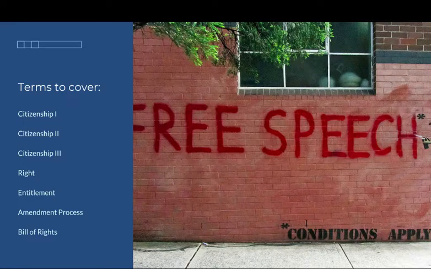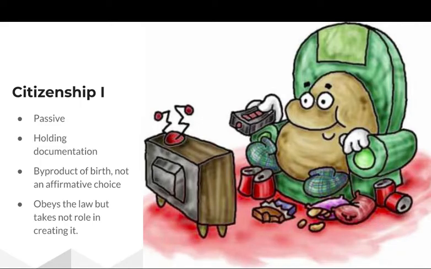This is probably the fewest amount of terms that you've had to know in a unit so far. So keeping them straight is going to be fairly straightforward, but just know, as always, there will be a terms quiz coming up on these specific terms. All right, so let's get right into it.